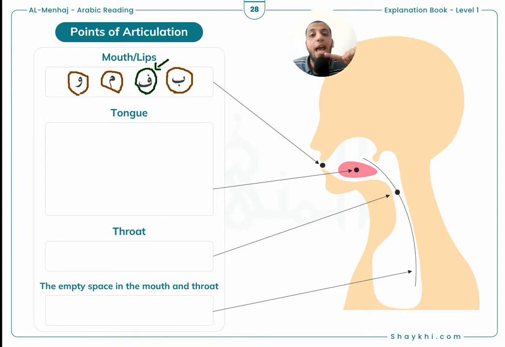We pronounce it by making the edge of the upper 2 front incisors touch the inner bottom lip.